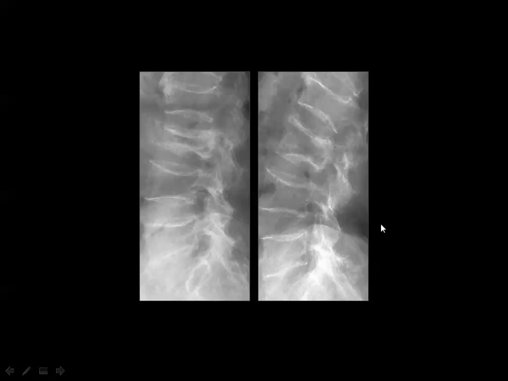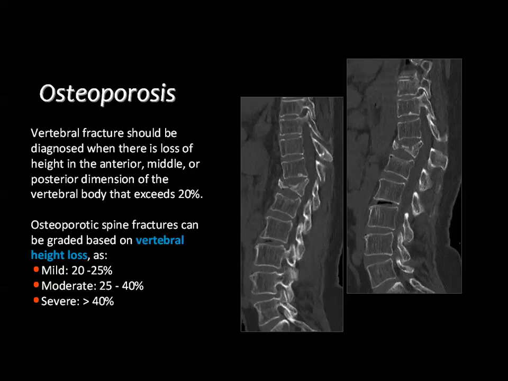If you say evident loss of height of the vertebra, then you should say that you are dealing with osteoporotic fracture. And the vertebral fracture should be diagnosed when there is loss of height in the anterior, middle, and posterior parts of the vertebral body, which is more than 20% of the vertebral height, and there is grading.